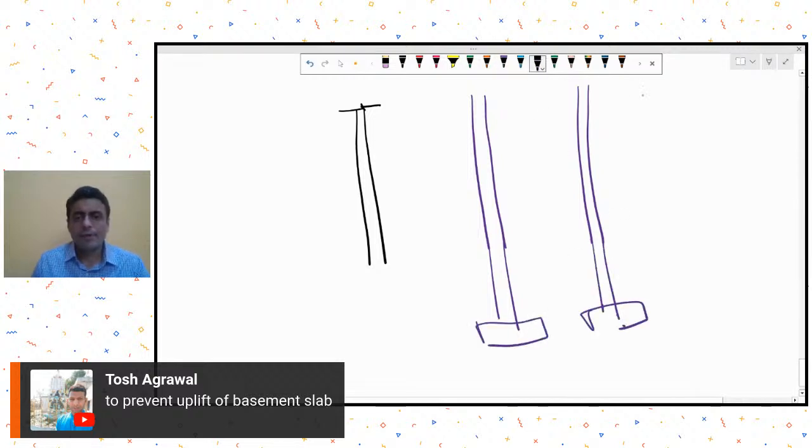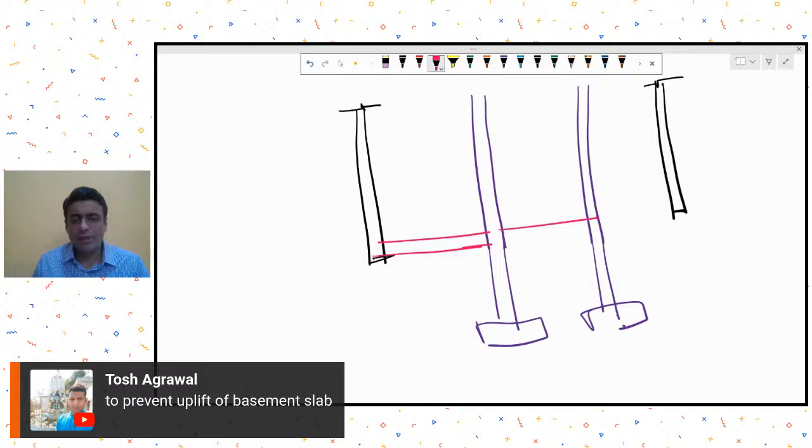Again on this side I have my basement wall. I guess the question is, if we provide a slab over here, and this entire thing has been drawn tilted. I don't know why.